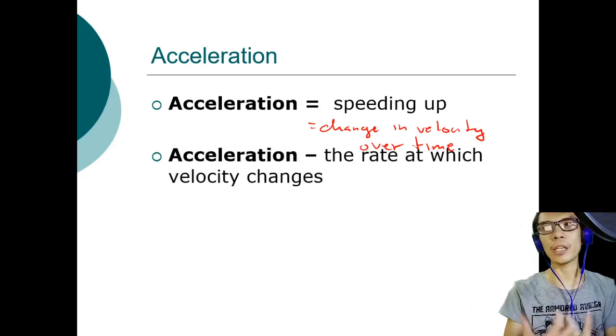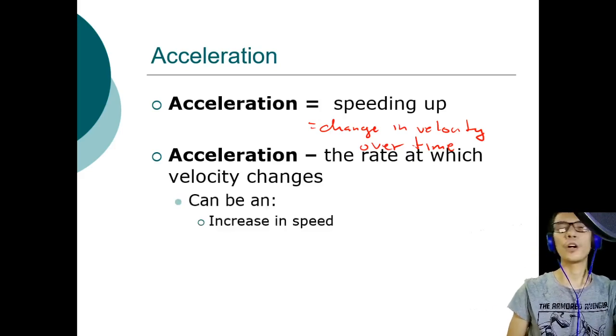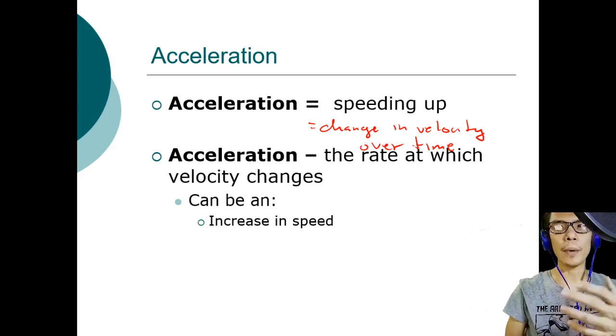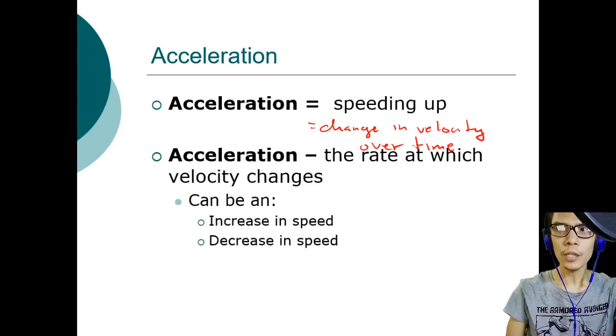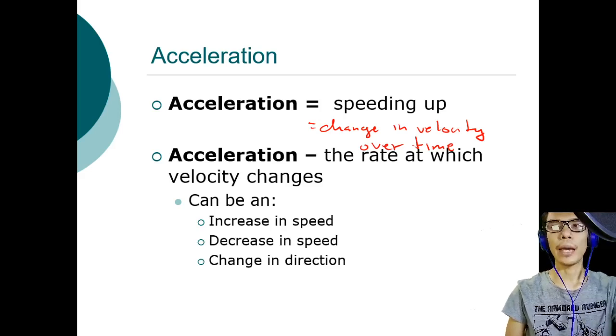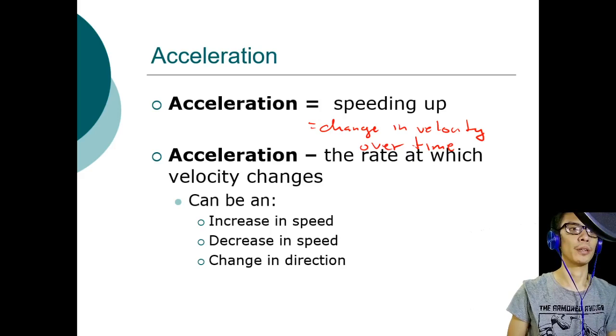Acceleration is the rate at which velocity changes over time. You can have an increasing speed in acceleration, you can decrease the speed in acceleration, and acceleration can also be a change in direction.